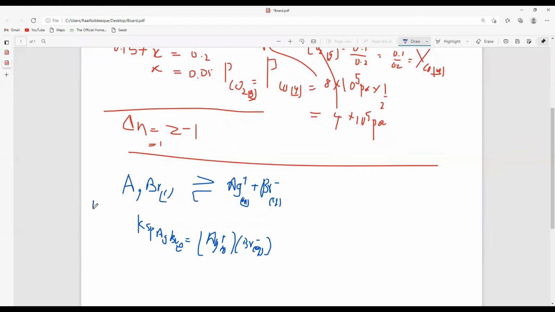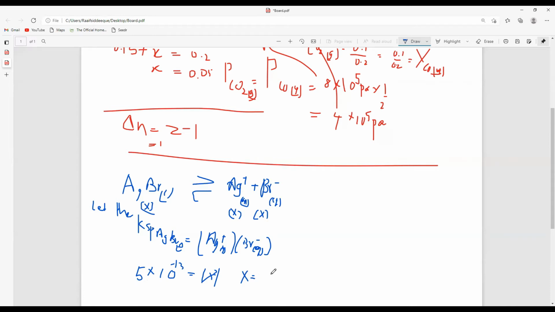So you can write, let the solubility of AgBr be X, then the solubility of Ag plus is also X, this is also X, right? So your Ksp expression becomes 5 into 10 to the power minus 13, put the units, is equal to X squared. Then you can find the solubility.